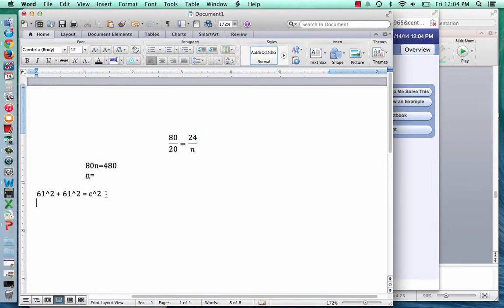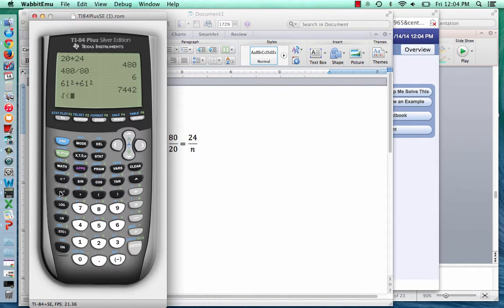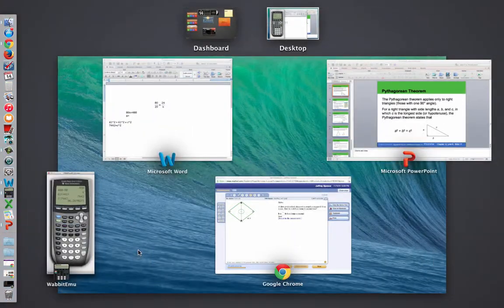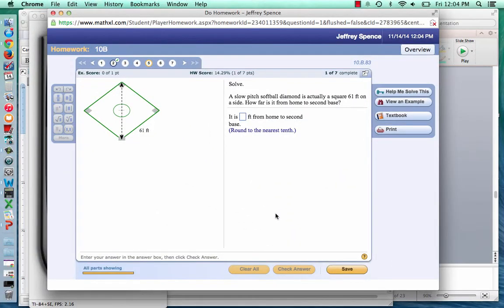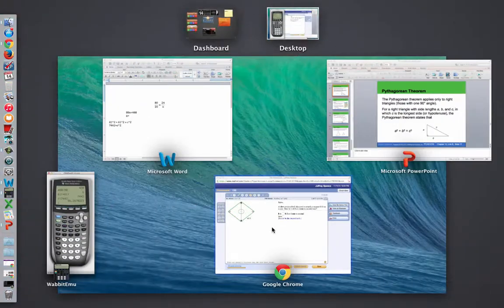Next line, 7,442 equals C squared. To find out what C is, I take the square root of 7,442, and that will give me the length of C, which is 86.267. They want me to round this to the nearest tenth, so that would be 86.3 feet.